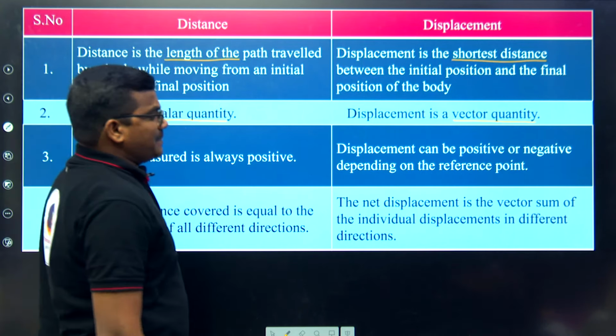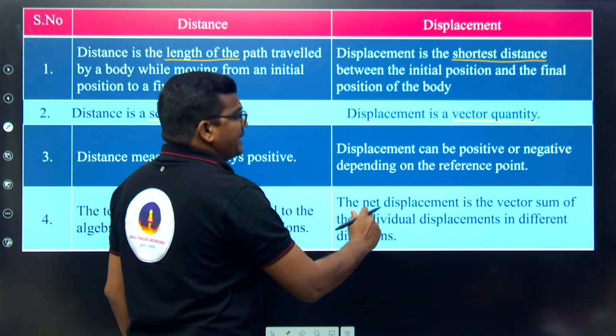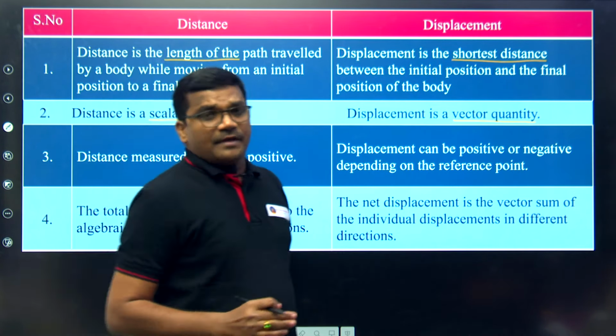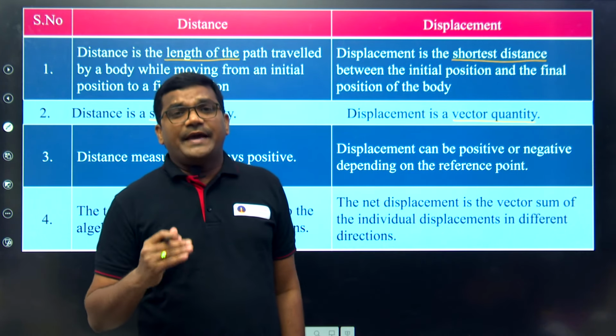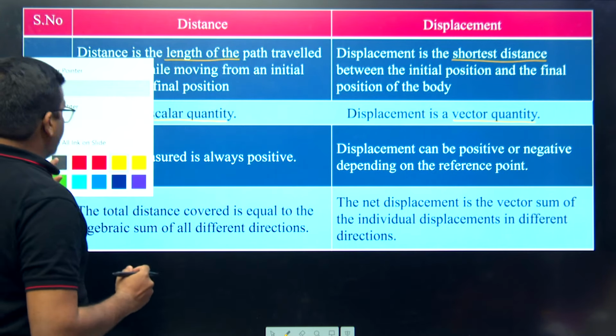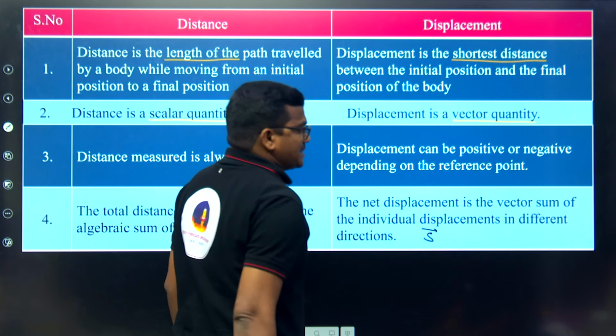Next, displacement. The net displacement is the vector sum of the individual displacements in different directions. We will discuss vectors completely in the next lesson, motion in a plane. For now, vector sum means we have to add in vector notation. Like see here, total displacement is s bar.